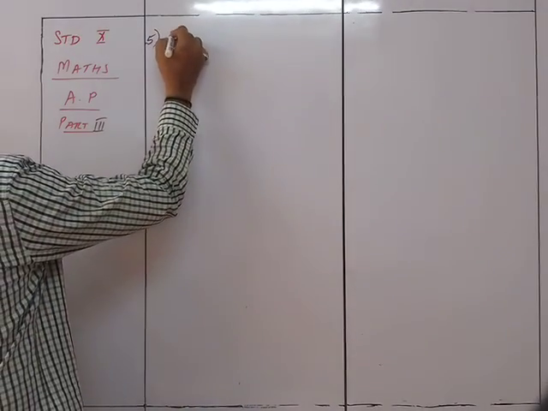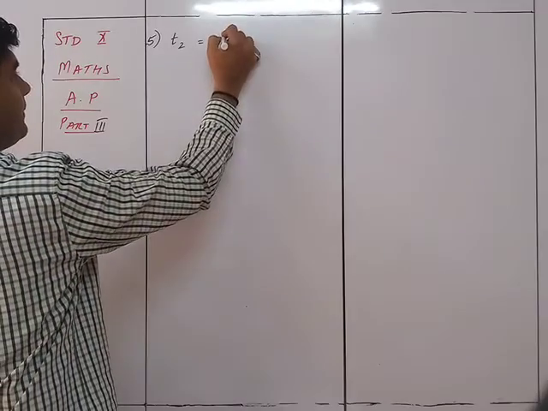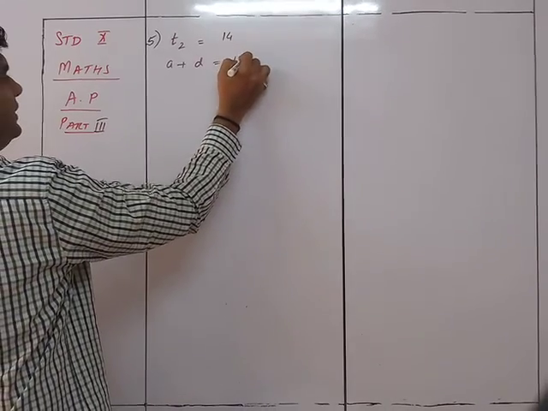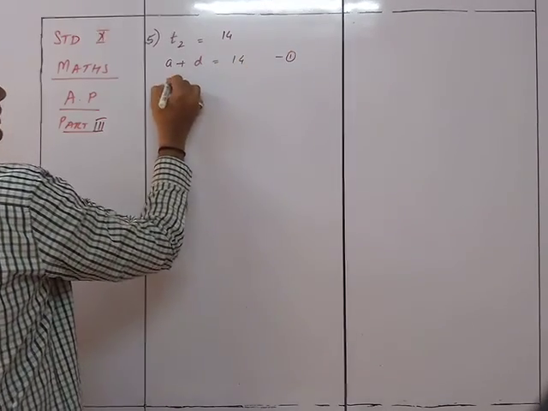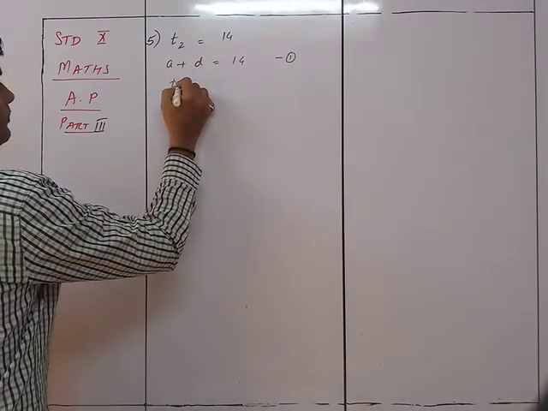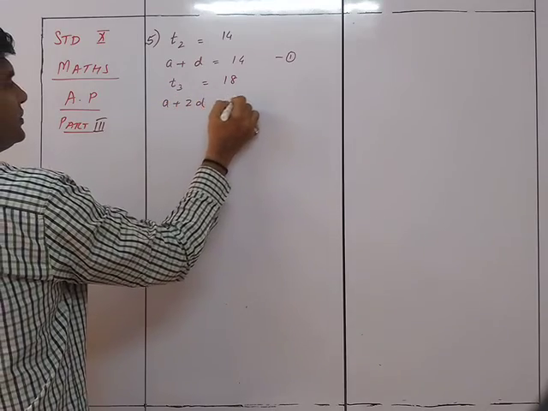So yeah, T2 is equals to 14. So A plus D is equals to 14. That's the first equation. And the third term, T3 is equals to 18. So A plus 2D is equals to 18.